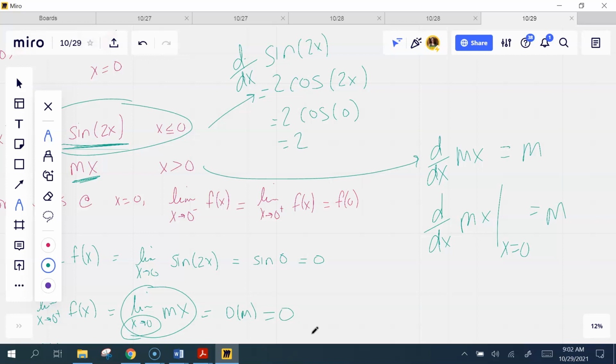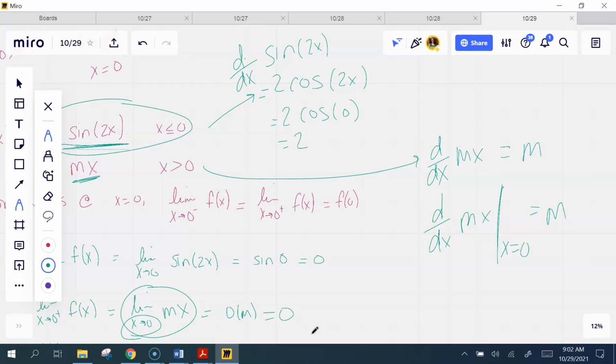That's just saying evaluate it when x equals 0. If m was 0, it would be differentiable there, but we don't know what m is right now.